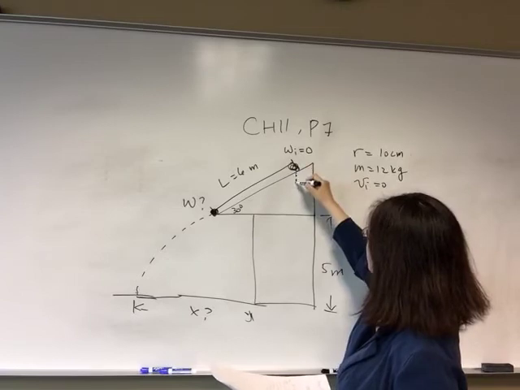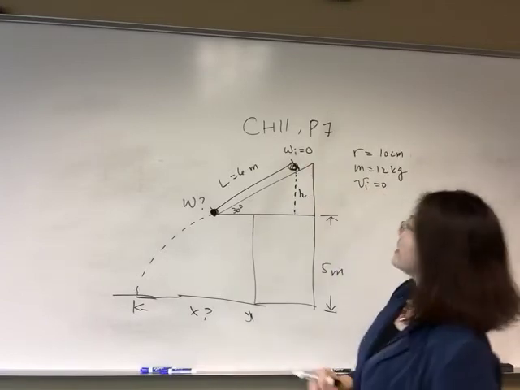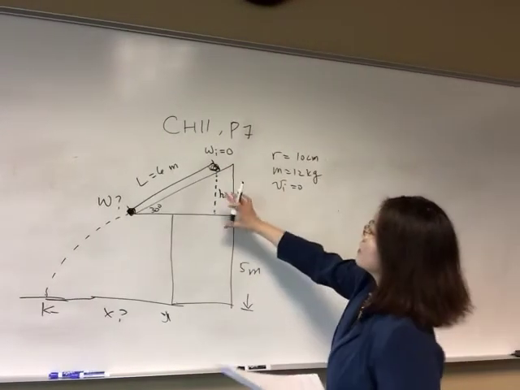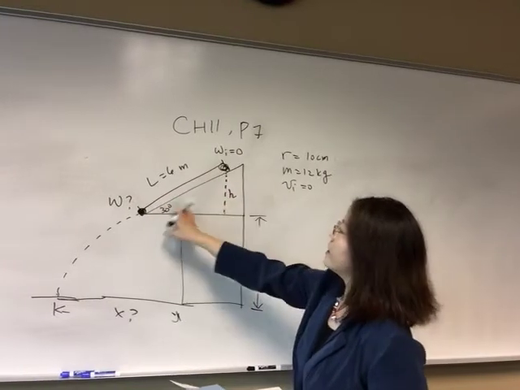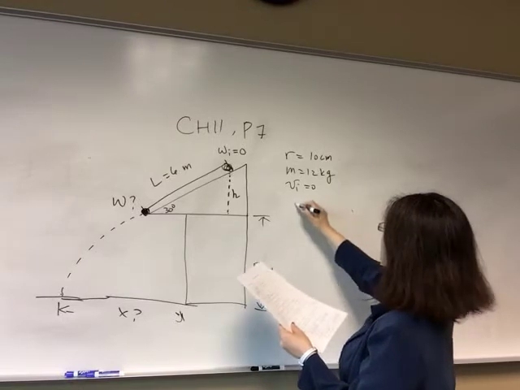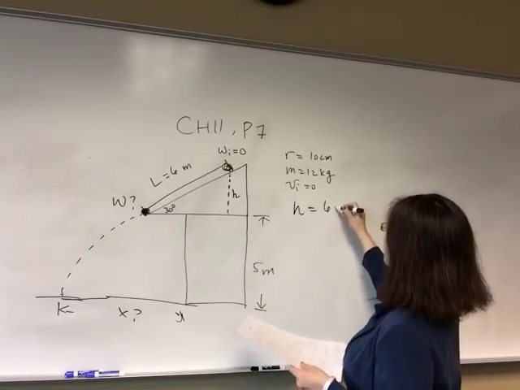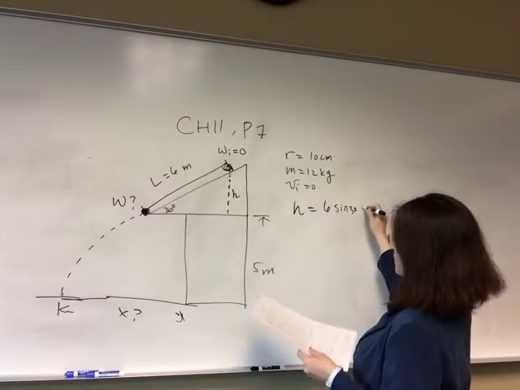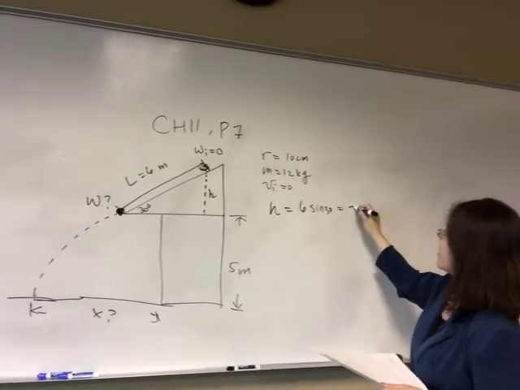So this is the height, right? So what is our h? You have the L, that's 6, and h is the side opposite the angle. So your h is simply 6 times sine of 30 degrees. So you will get your h, that's 3 meters.